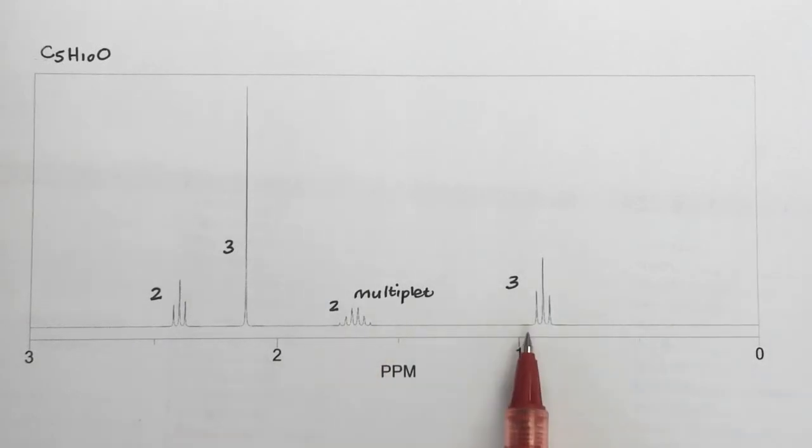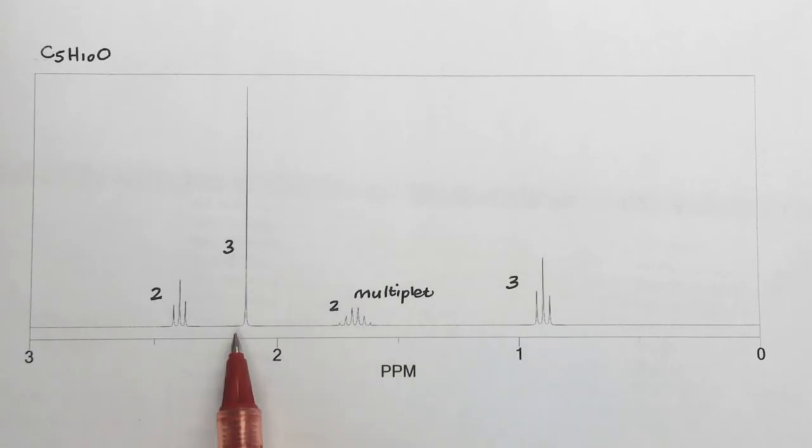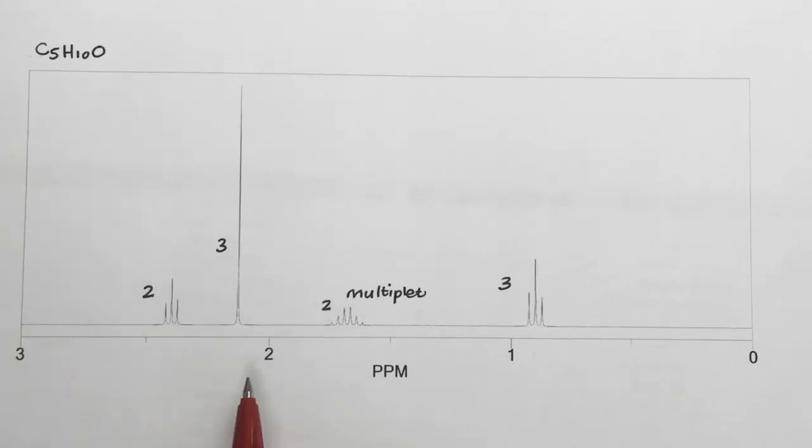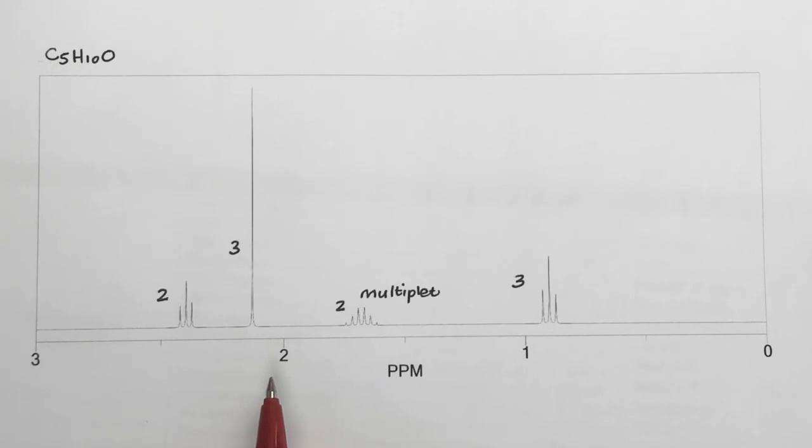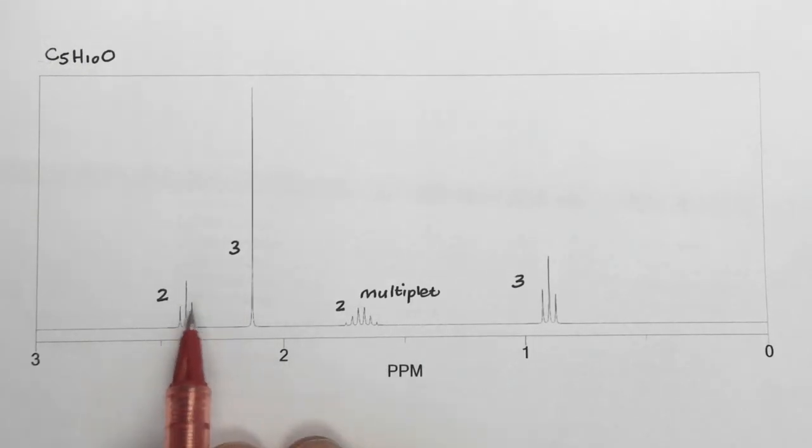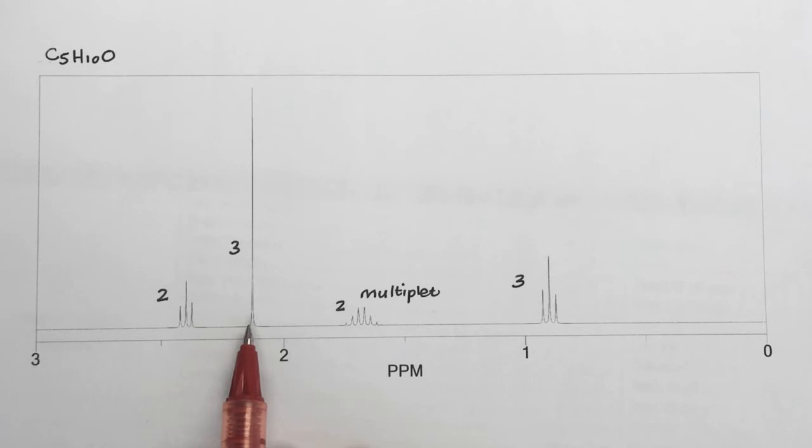These two are very shielded, and these two resonances are slightly deshielded, but not as far downfield as 3.5 to about 4.5, where we see proton groups directly bonded to electronegative atoms like oxygen, nitrogen, chlorine or fluorine. These are bonded probably to an electronegative group like a carbonyl group.